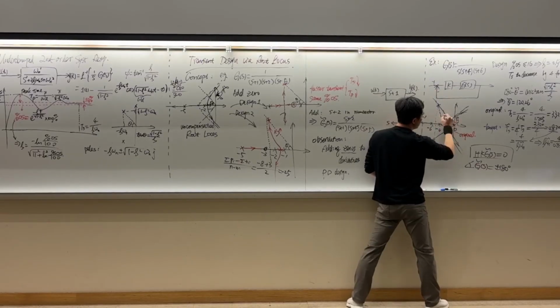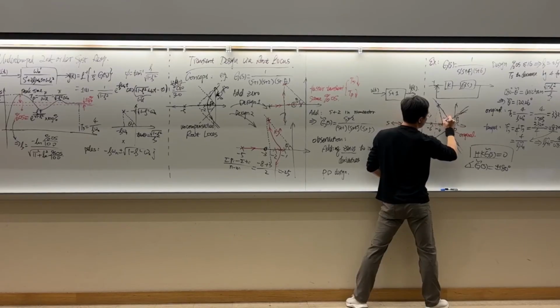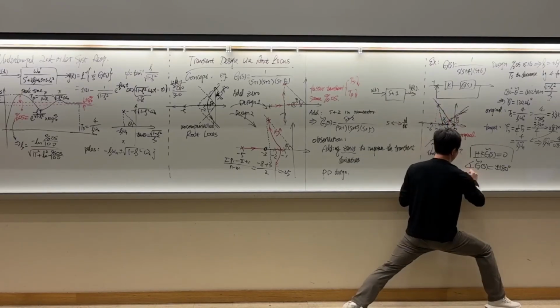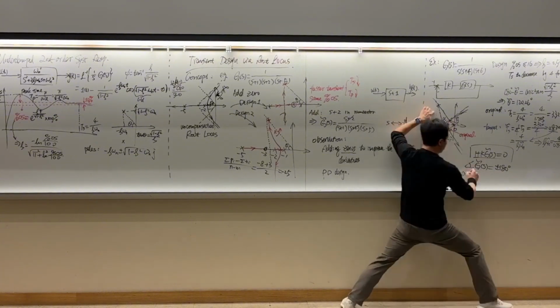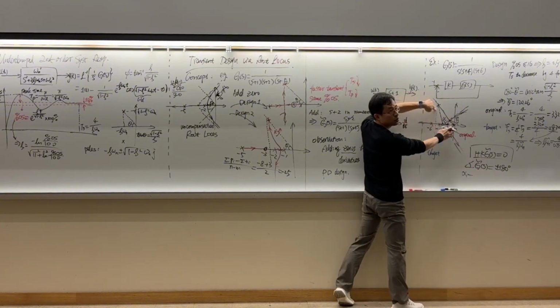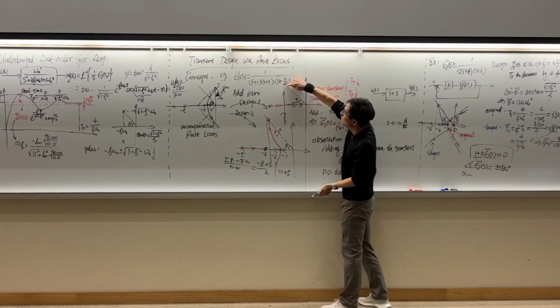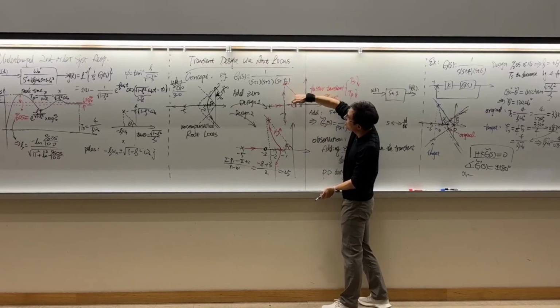The angle of this is going to be the angle to the zero. Let's call it alpha 1. So the angle of g tilde equals alpha 1, the angle to the zero, minus the angles to the open loop poles. On a root locus, the angle is the angle to the open loop zeros minus the angles to the open loop poles.